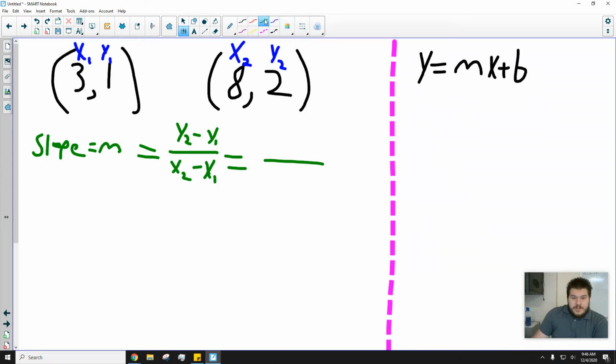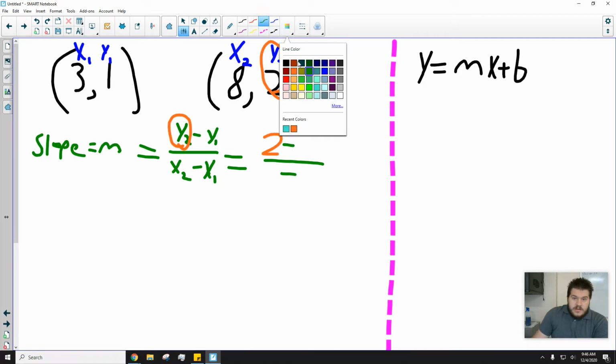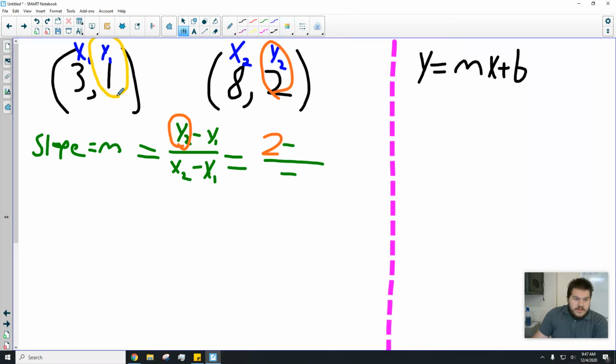For example, my y2 is 2. I guess I could color code these things. So y2 is 2, so that goes here. Can't forget to stop these subtractions. Grab a dark yellow. y1 right here happens to be 1.